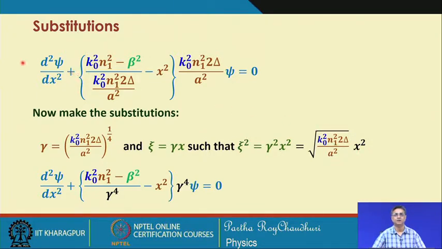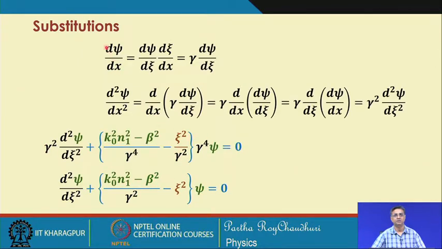So, the wave equation now reduces to this form: k 0 n 1 square minus beta square, which remains as it is, divided by gamma to the power of 4 minus xi square, and outside you have one more gamma to the power of 4 into psi equal to 0. So, this is the reduced form of the equation. Now, because we have introduced gamma and xi, we would like to change the variable from x to xi.